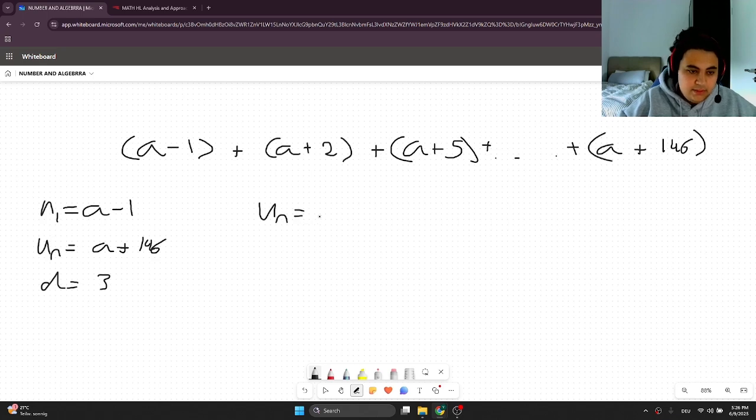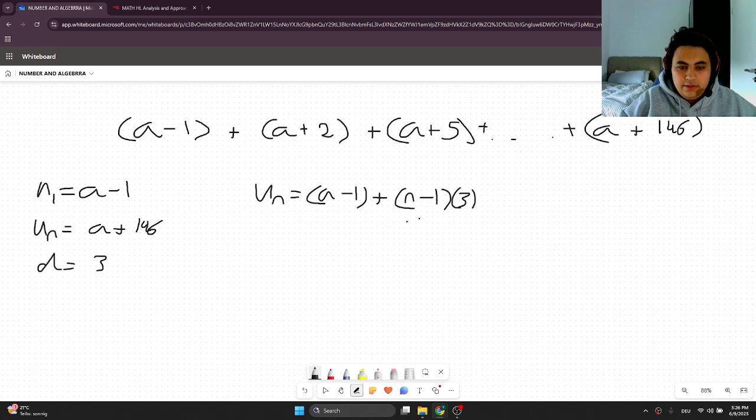So you have UN is equal to U1, which is a minus 1, plus n minus 1 multiplied by the common difference 3, right? And UN is equal to a plus 146. So a minus 1 plus 3n minus 3.